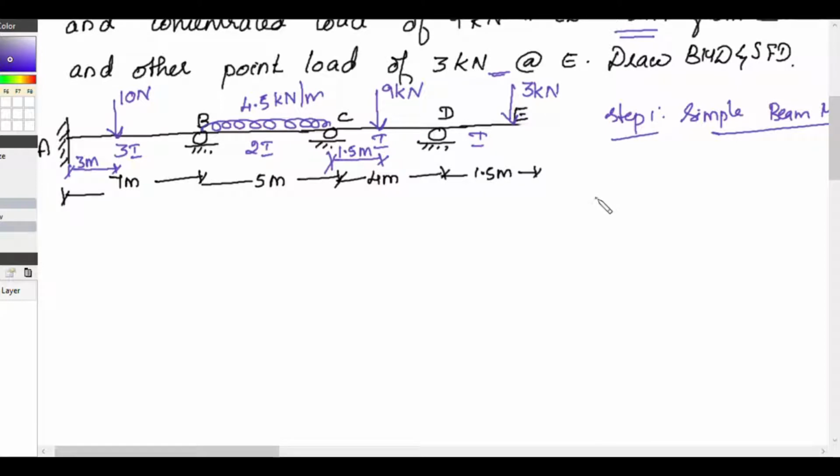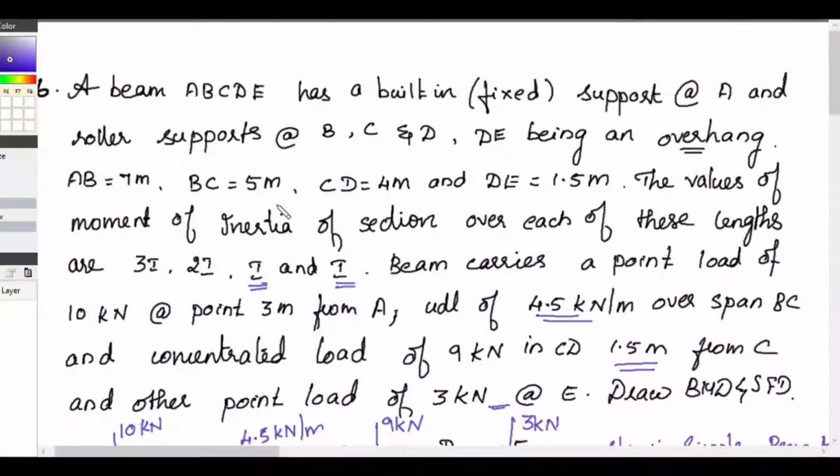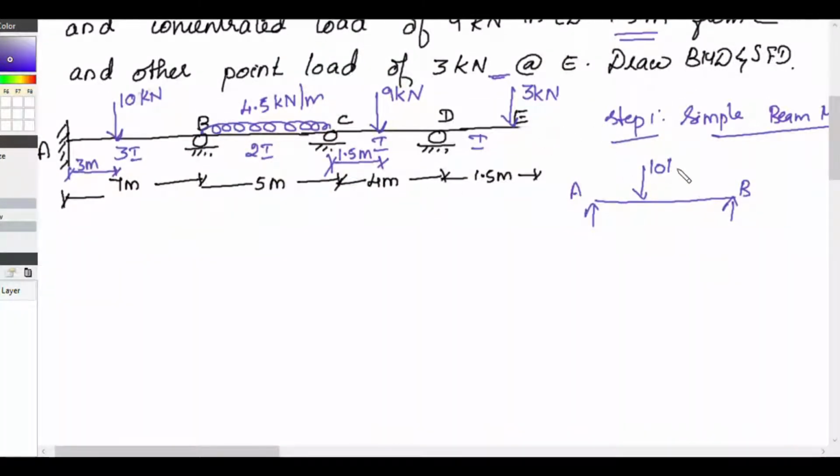While drawing the span AB, there is a 10 kilonewton load at a distance of 3 meter and the span length AB is 7 meter.